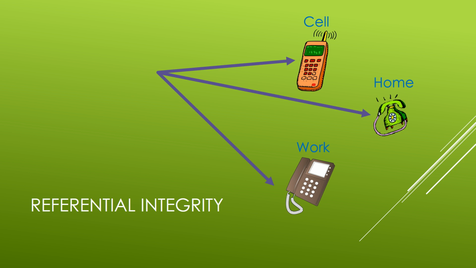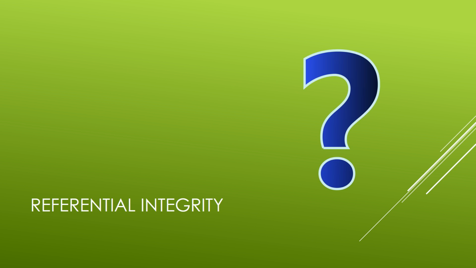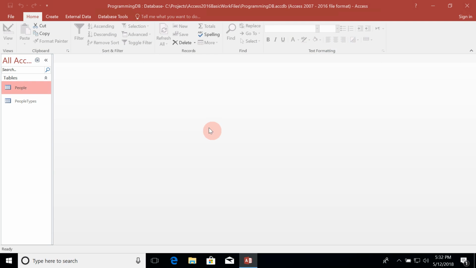When we remove the person from the database, should we also maybe remove those phone numbers? When we have relationships between the different entities in our database, we need to keep in mind what we should do with those relationships. Should those items be deleted, or should they stay in the database as is?